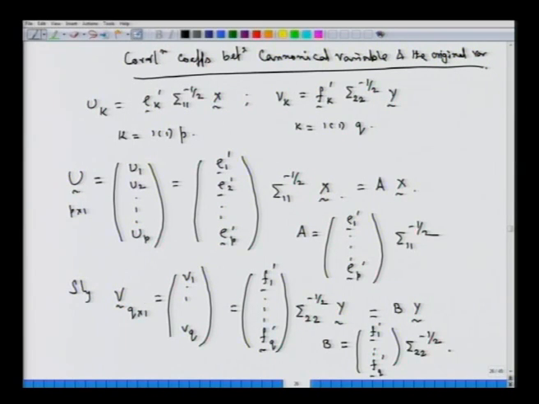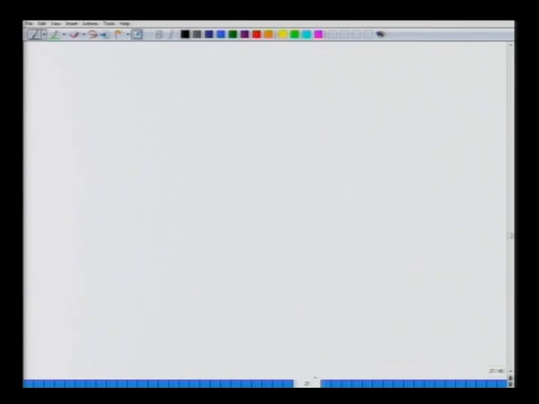So, if we have u vector equal to Ax and v equal to By, it is very simple actually to see how we are going to compute the covariance between this u vector and the x vector. Now, u vector in terms of the x vector is equal to A times the x vector.